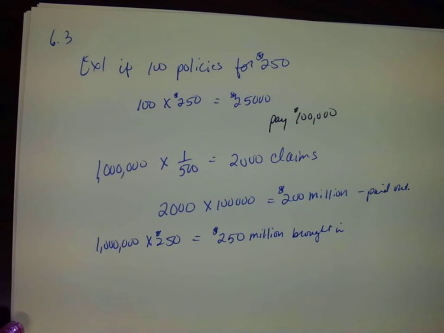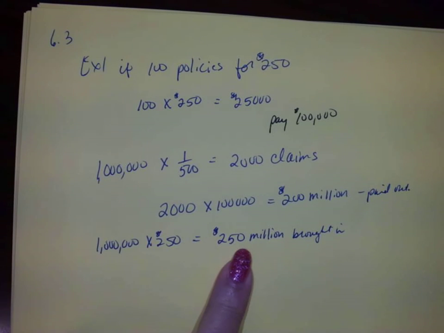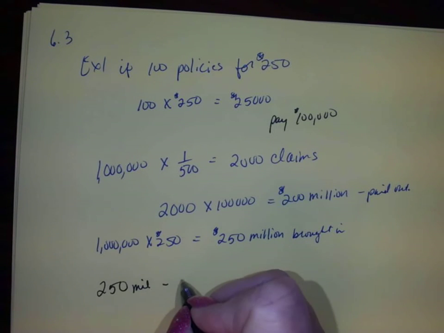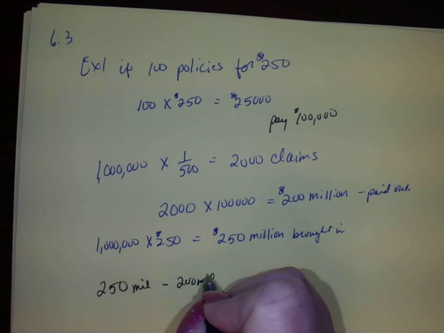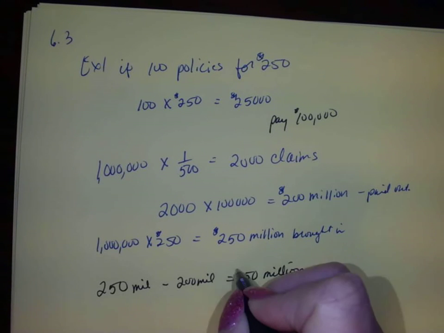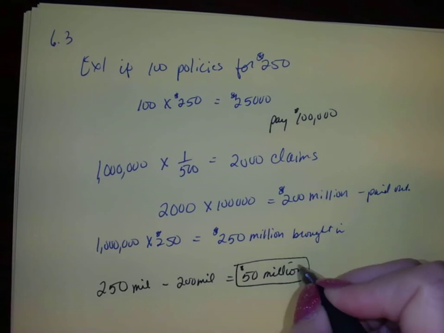So the question is, should they expect to make a profit? Well, if I take 250 million minus the 200 million that they paid out, they will be left with 50 million. That's how much their profit would be.